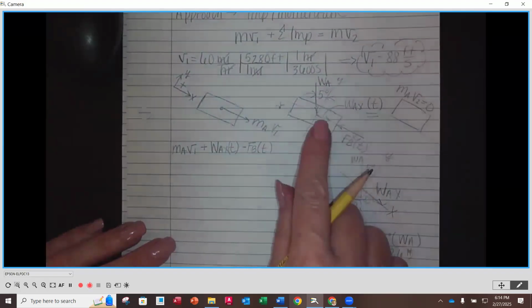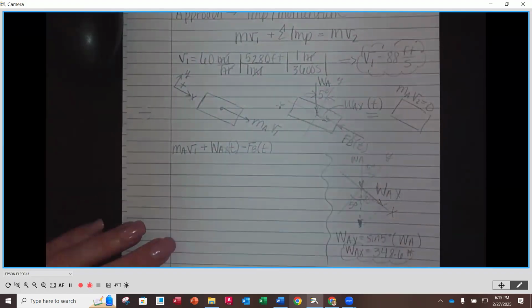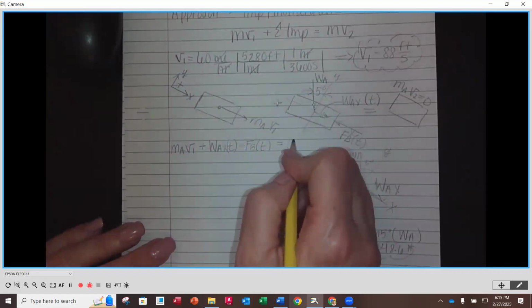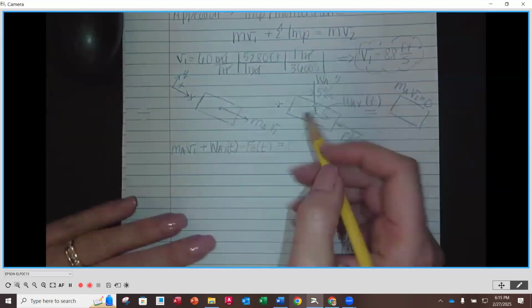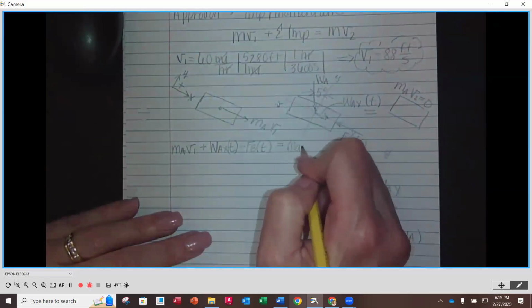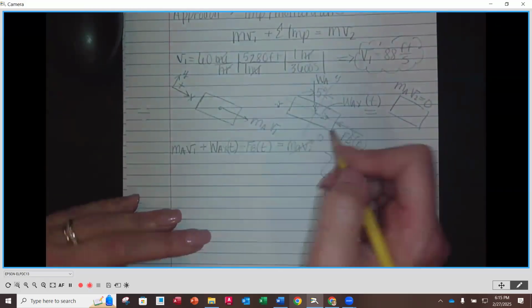Those two elements are what's affecting the impulse. Then we set that equal to mass A times velocity 2, but this goes to 0 because it's coming to a stop.